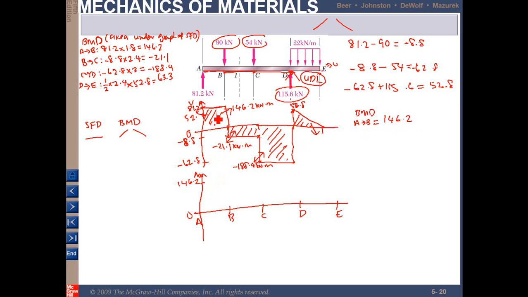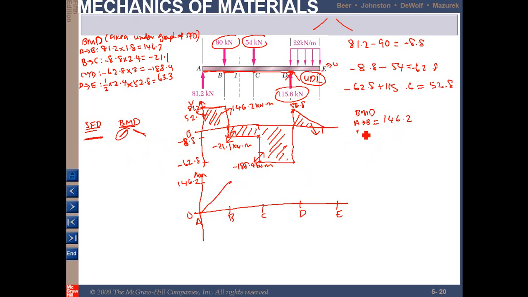Because the shear force diagram is constant like this, a straight line, the bending moment diagram will be either like this or like this. But because it goes from 0 to 146.2, definitely it will be like this. So it goes here, 146.2.